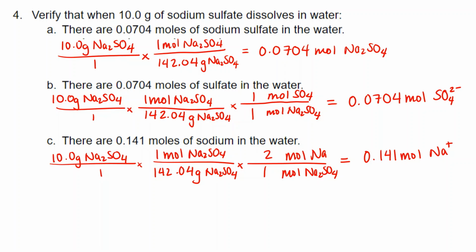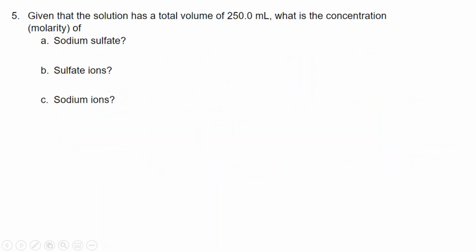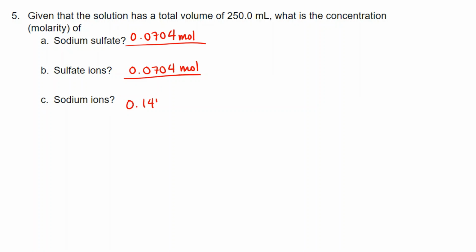So now that we know the moles of each of these compounds, if we divide this by the volume in liters, we'll get the molarity. Same thing here. And here, remember, our answer was double.